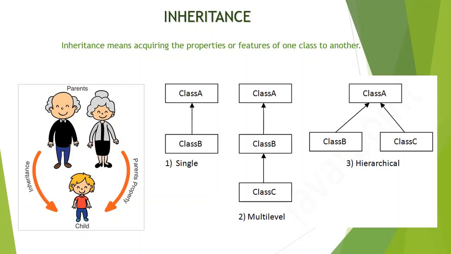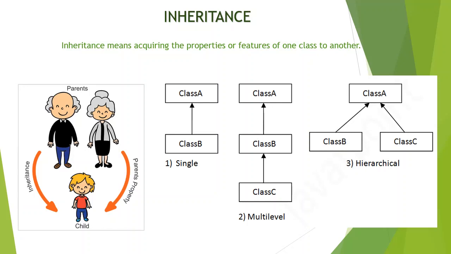We have three kinds of inheritance supported by Java. The first one is single inheritance, the second one is multi-level inheritance, and the third one is hierarchical inheritance. Single inheritance: here class A and class B are there. Class A is the parent class and class B is the child class. So a child is inheriting all the properties or features from the parent class.